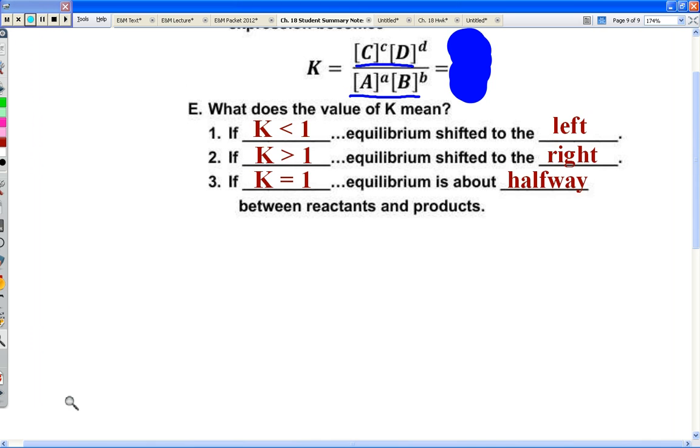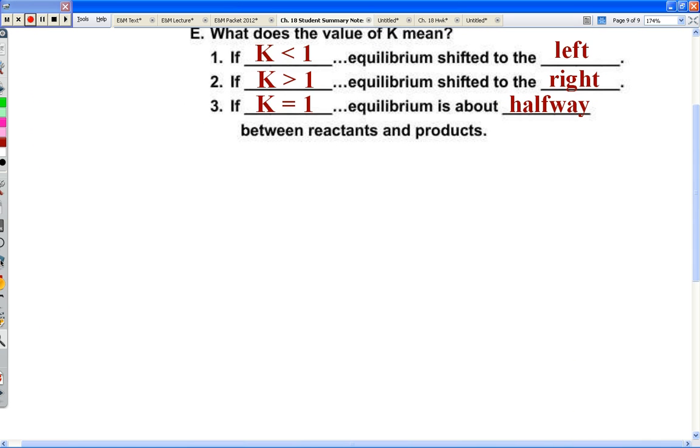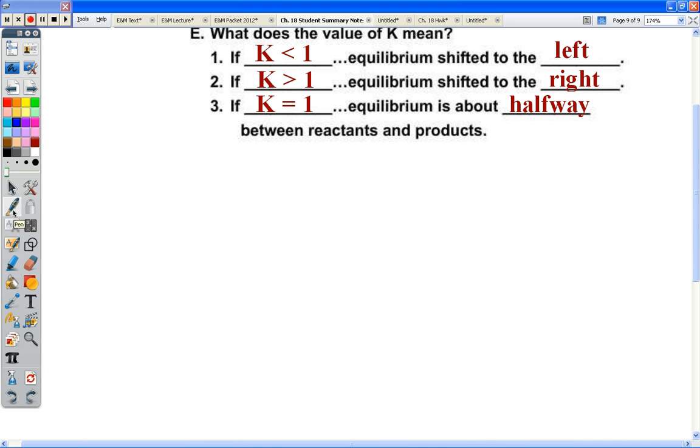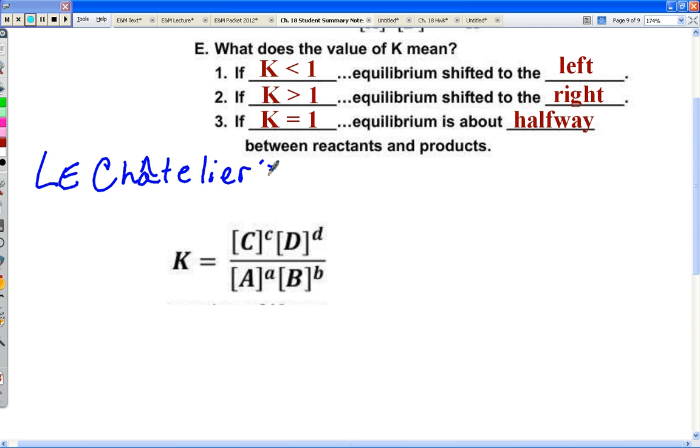Now, there's one more little piece I want to talk about, and that's Le Chatelier's principle in terms of our equilibrium constant.